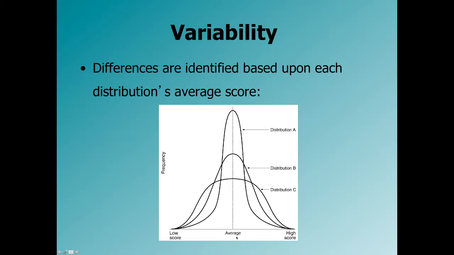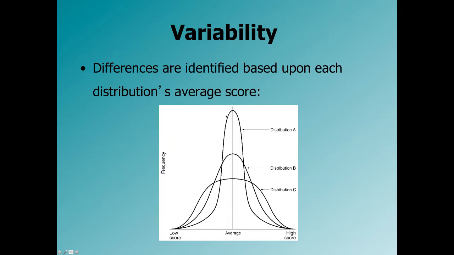So you calculated the average for all three distributions and you found the same number. But there's no way that those distributions are the same. I mean, they look different, right? Although they share the same average. The reason is that the variability among those distributions is very different. So let's take it one by one and see what's going on.